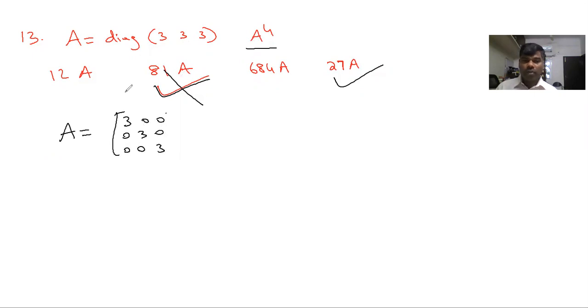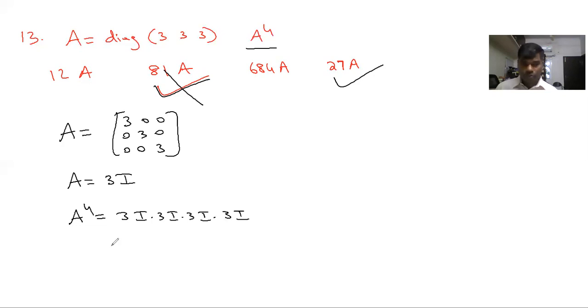This is the meaning of diagonal 3, 3, 3. So A equal to 3I. Then what will be A power 4? 3I into 3I into 3I into 3I, which is 3 power 4 into I. But it is not 81I to pick this as the correct answer.